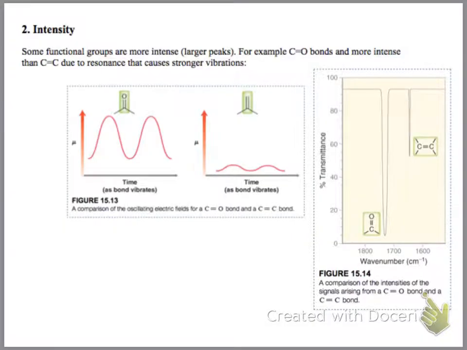So the second thing is intensity, and that is the peak, long or short. The stronger the vibrations, the longer the peak. The weaker the vibrations, the shorter the peak. So both of these are pi bonds, but if you have a carbon-oxygen pi bond, it's more polar. So it has a stronger vibration because of its polarity.